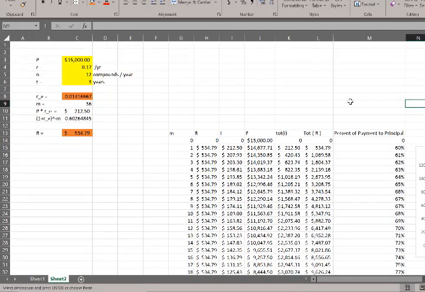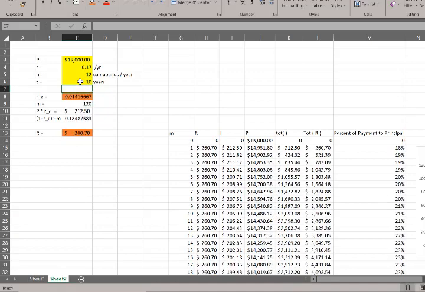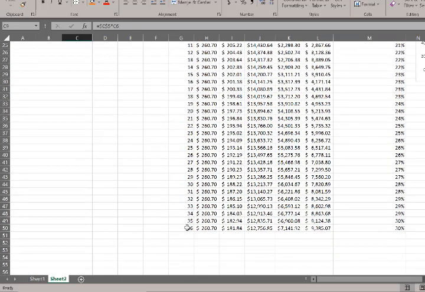This is all what we had previously, just a simple copy and paste. Let's change the years from 3 to 10, so we can see what happens with more extreme numbers. And note that the number of compounds is up to 120.